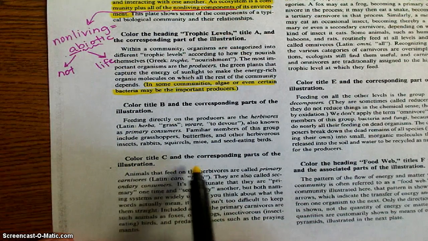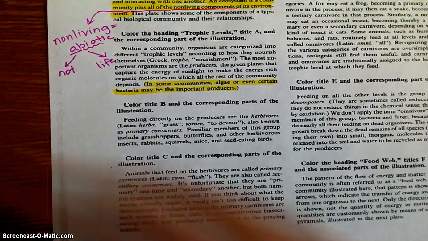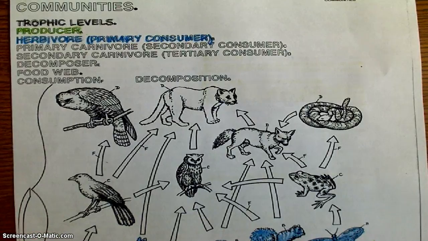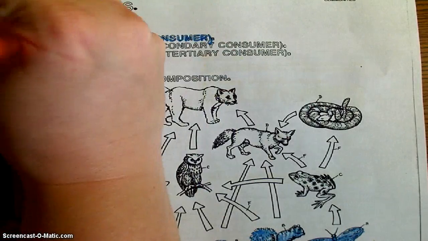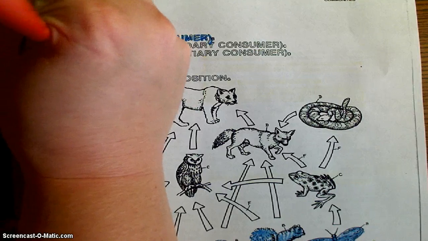So now it says color title C in the corresponding parts of the illustration. So I'm going to, again, flip back over to my coloring plate, and I am looking at my primary carnivore, which is my secondary consumer. And I am going to make this guy, or these organisms, orange. Again, they can be any color you want them to be.